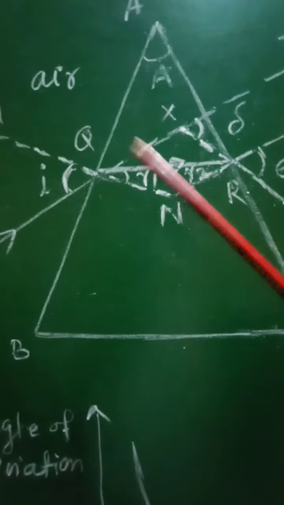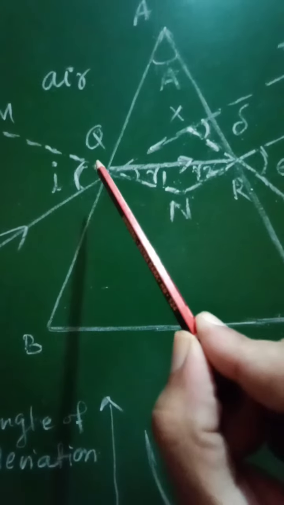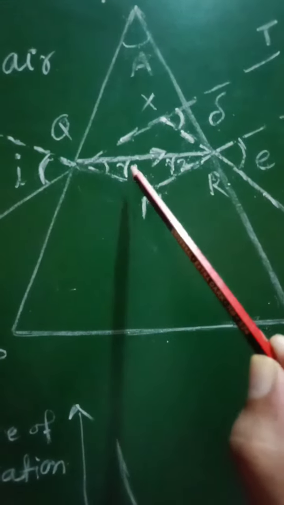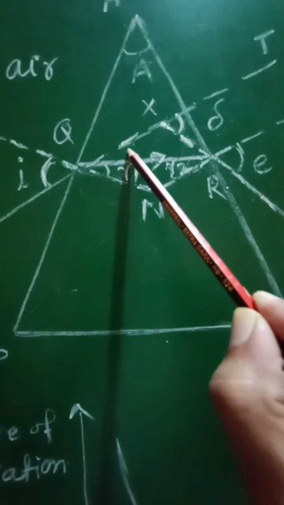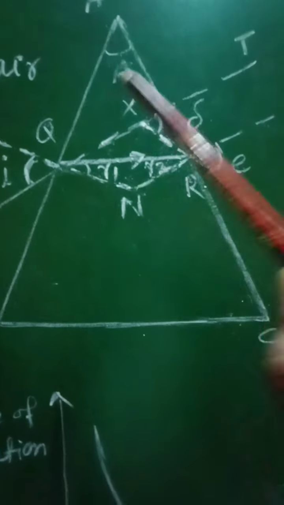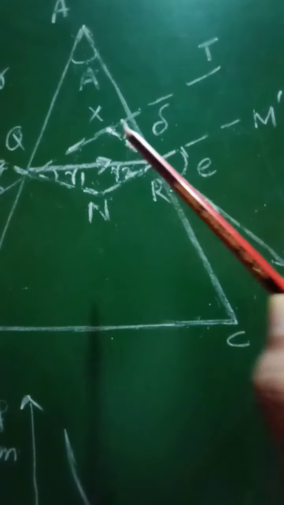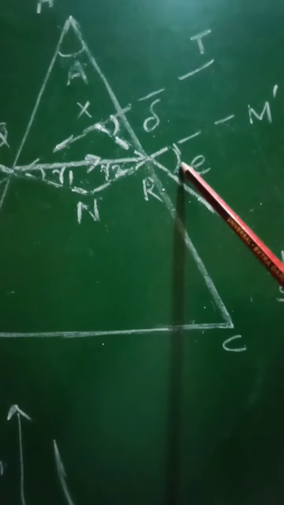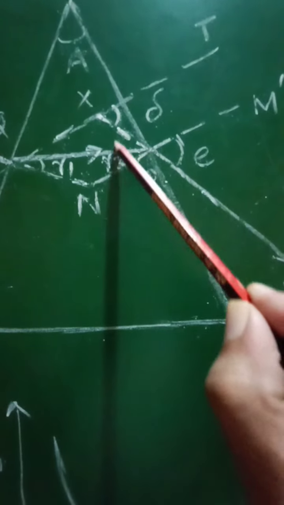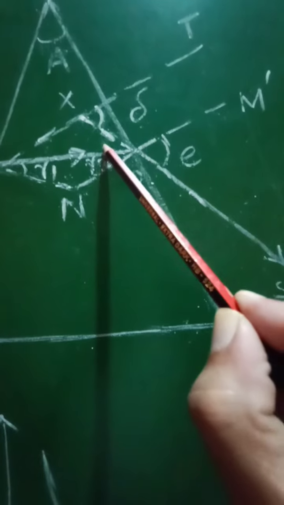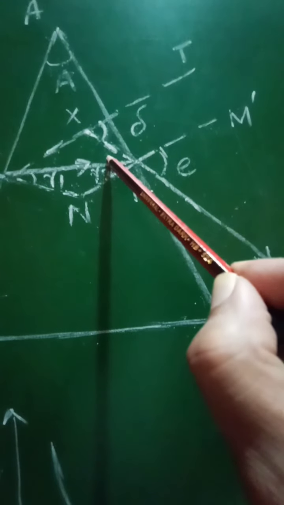This angle is I, so this total angle is equal to I. Out of this is R1, therefore it will be I minus R1. Similarly, XRQ, this angle we have to find out. This angle is E, therefore this total angle is equal to E, opposite angle. Out of this it is R2, therefore this angle will be E minus R2.